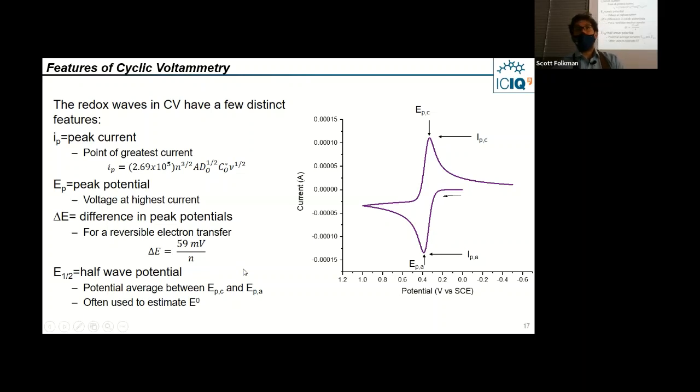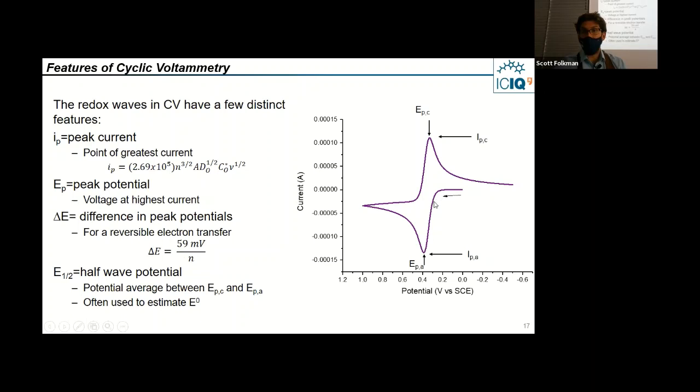If we have a new material that we've synthesized, a new molecule or a new organometallic, then we may not know what E0 is, but if it's electrochemically reversible, we can get a good estimate of what that is.